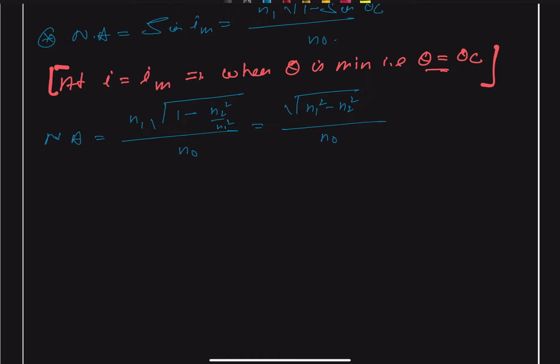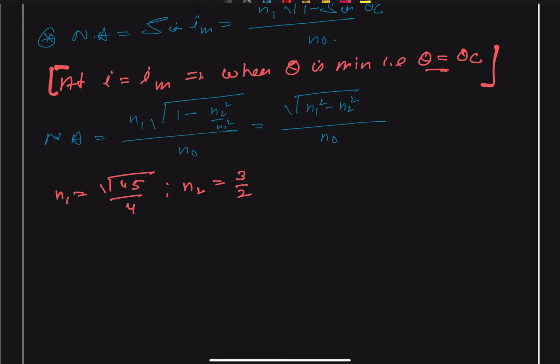And we already know the value of n1 and n2 is given to us. We are given that n1 is the square root of 45 divided by 4, and the value of n2 is given as 3 by 2.